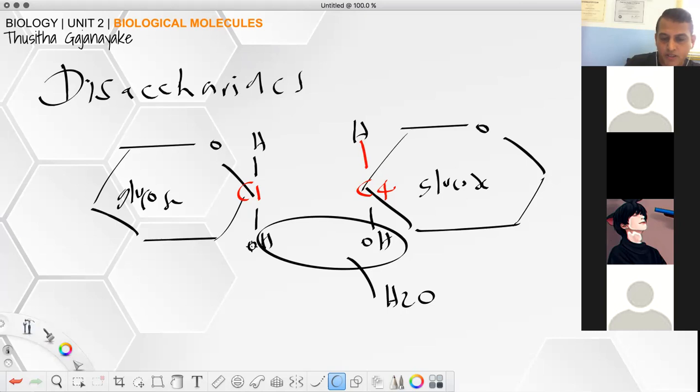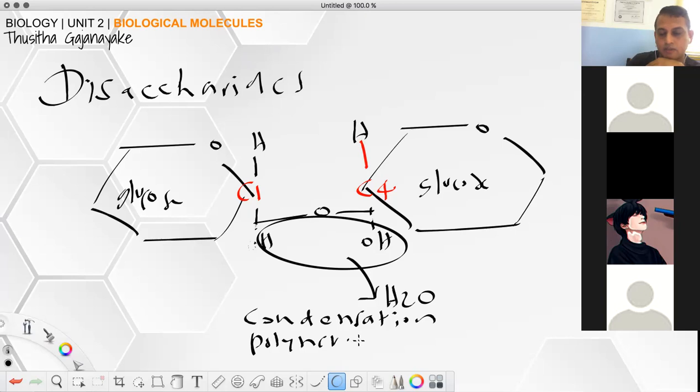Then this remaining oxygen makes a bond with the rest of the molecule. So this kind of reaction that forms a water molecule is called a condensation reaction or polymerization reaction. Condensation or polymerization reaction. And the bond is called a glycosidic bond.